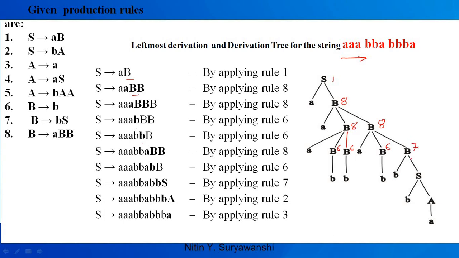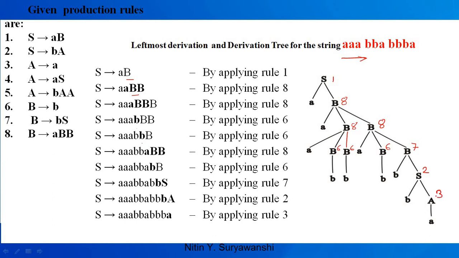Then again here all the B's, meaning BS, and then S is replaced with a BA by using rule number 2. Then I get this one. Then this A is replaced with a small a.